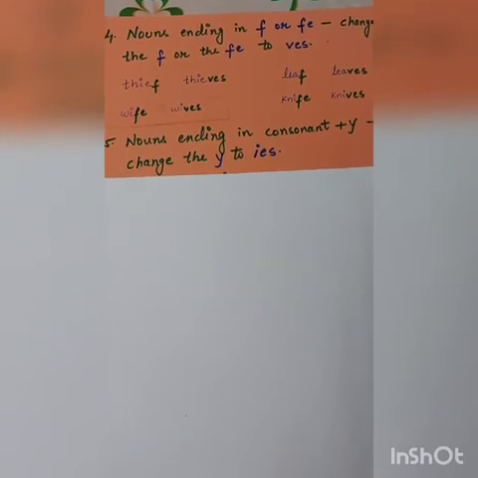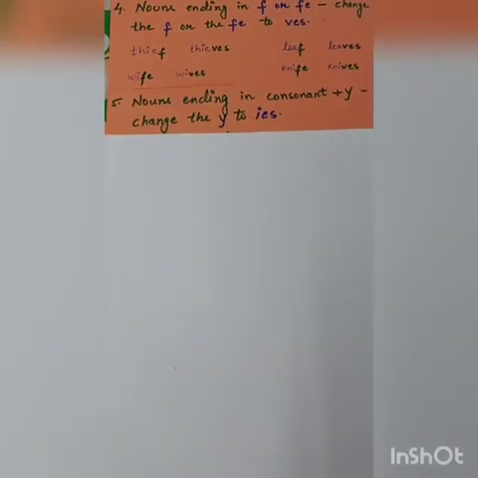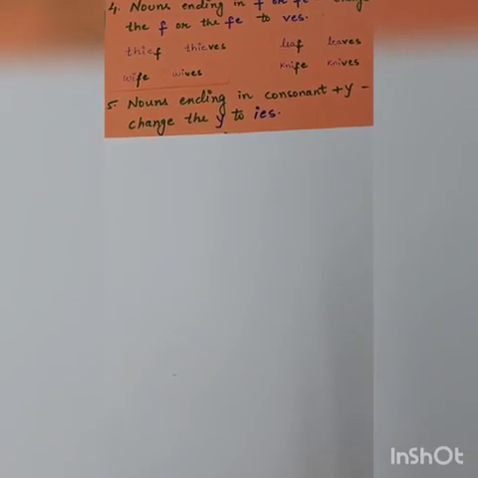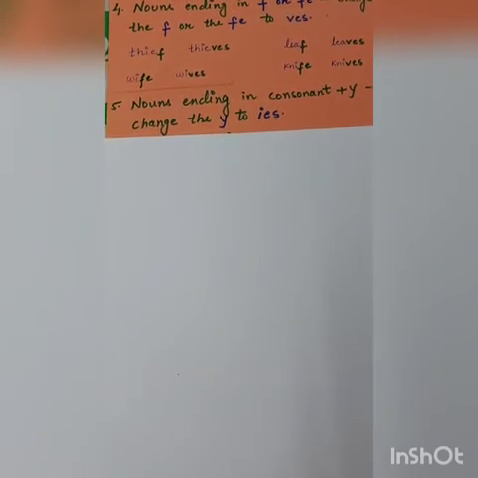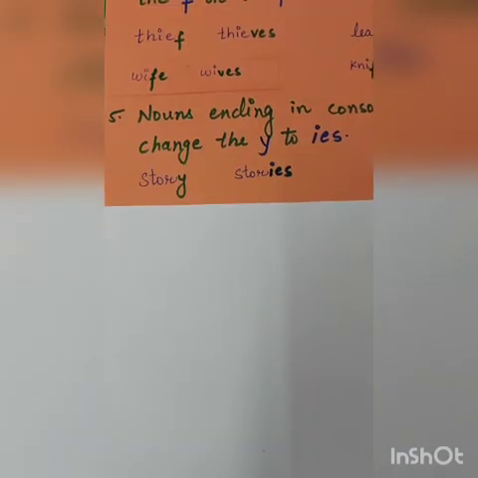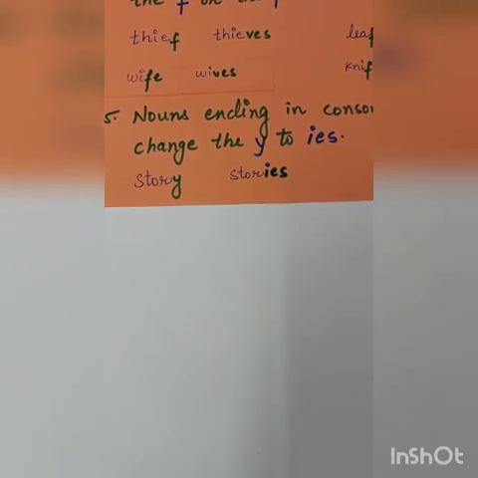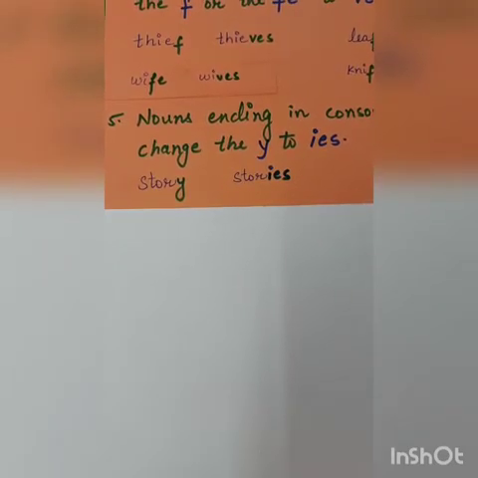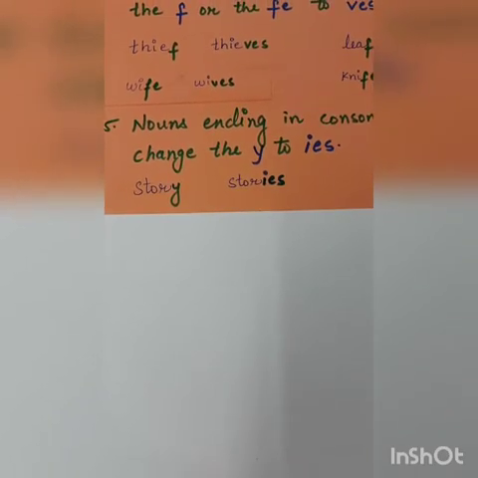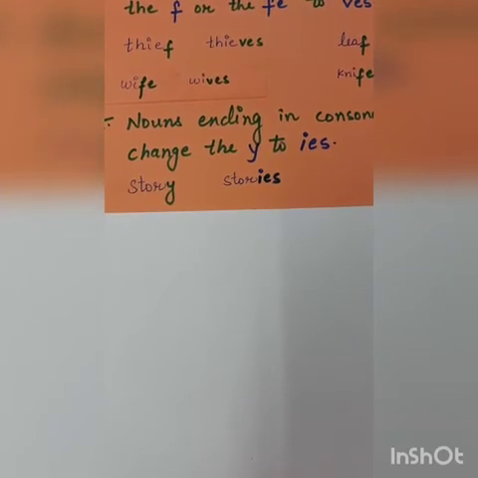Next rule is for the nouns ending in consonant plus Y. So if a noun ends with Y and Y comes just after a consonant, then the plural is formed by simply changing Y to IES. Let's look at the example. So the word is story, and story is ending with Y. And you can see that Y comes just after the consonant R. So here we will change Y with IES.